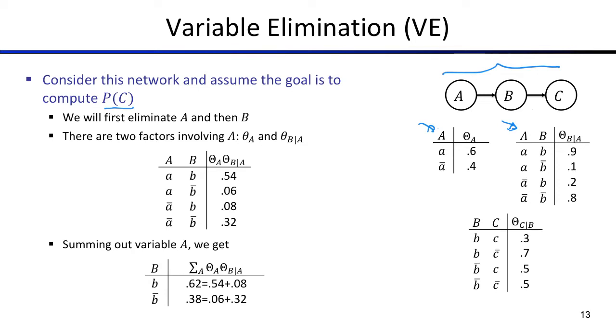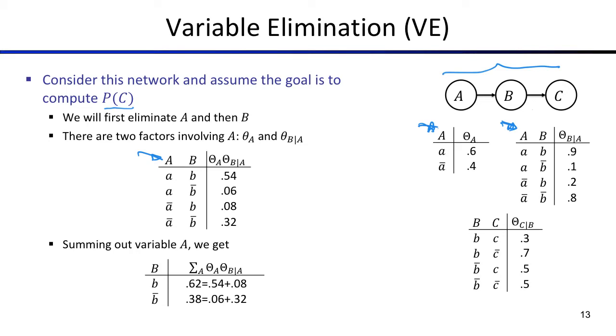We're going to create a new factor, and this new factor will have all the variables that are in these 2 factors. Here we have variable A, and here we have variables A and B. So the resultant factor will have the variables A and B, the union of the variables of each factor.